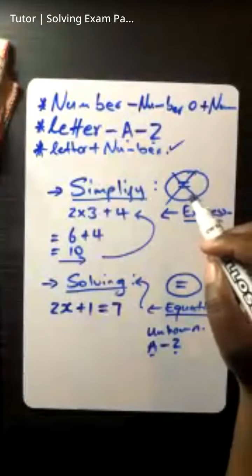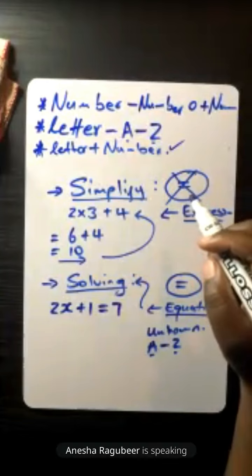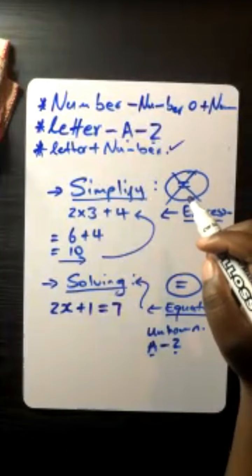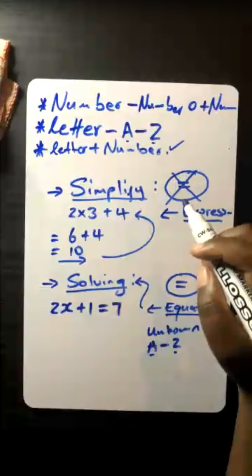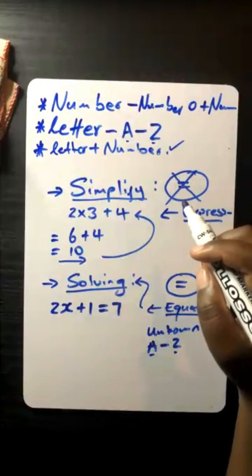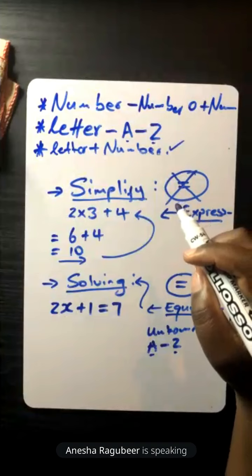So it will be 2x plus 1, which equals 7. To get the answer 7, you'll have to take 2 times 3, which will give you 6, plus 1, which will give you 7.